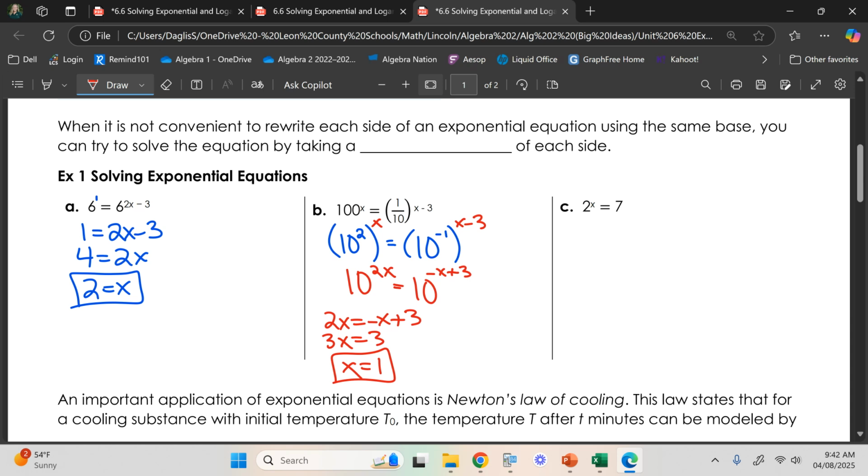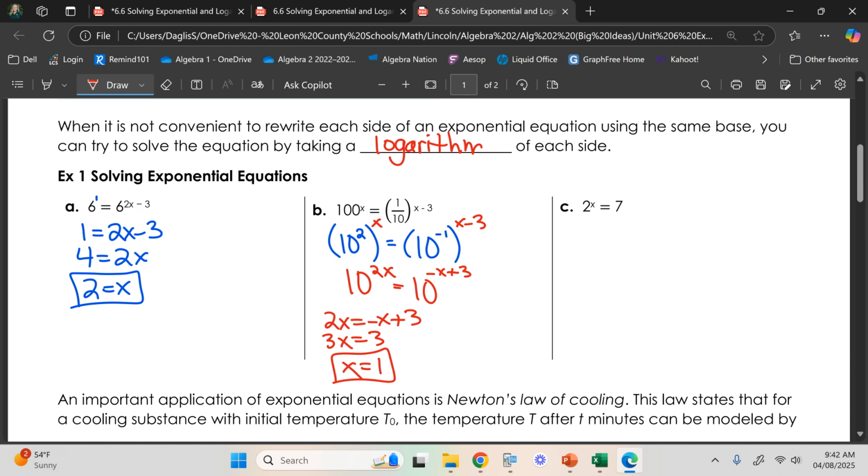So when it's not convenient to rewrite each side of an exponential equation using the same base, you can try to solve the equation by taking a logarithm of each side. The logarithm we bring in has to match the base with our variable exponent.